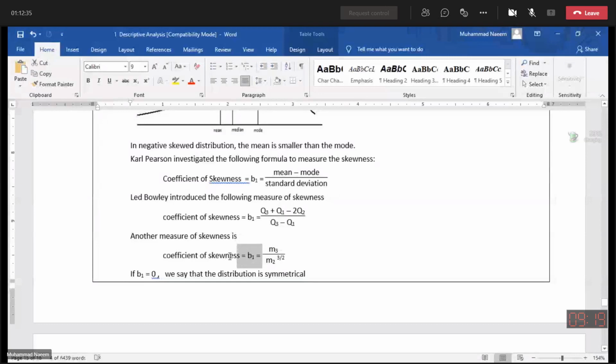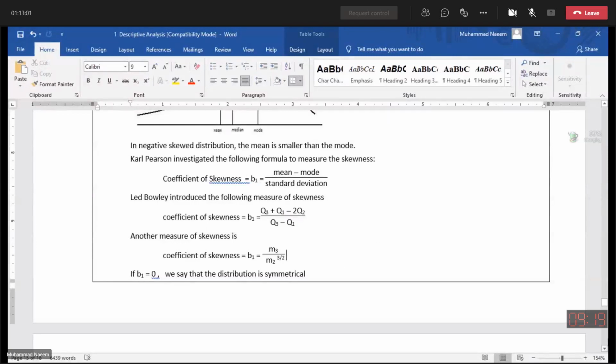If M3 is 0, the distribution is symmetrical. If M3 is negative, the distribution is negatively skewed. If M3 is positive, the distribution will be positively skewed. So just on the basis of M3, we will decide about the skewness, the coefficient of skewness.